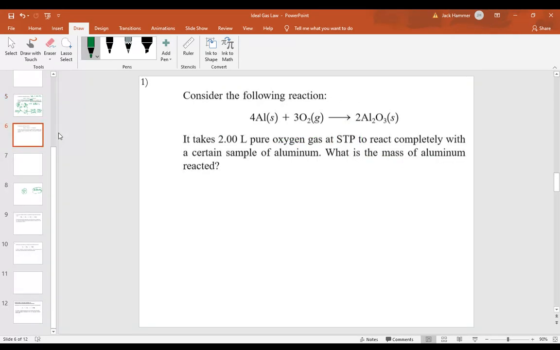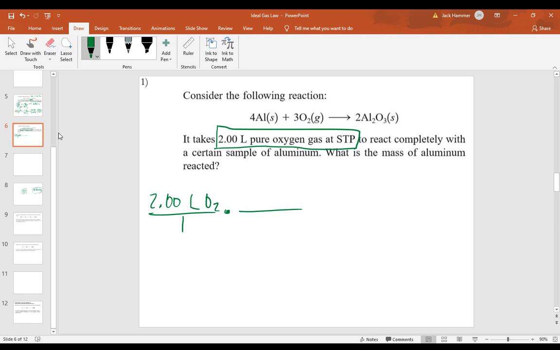Now let's clear the slate, and this time let's actually use the information as given. This time, instead of 20 grams of oxygen, they're saying we have 2 liters. So that's the given, and we just take what we're given and put it over 1.